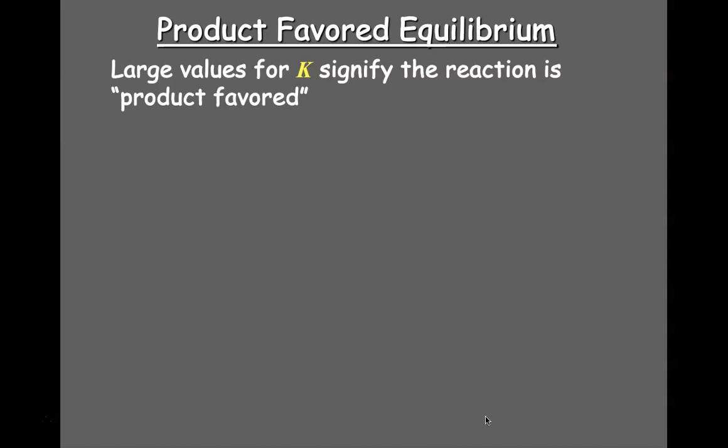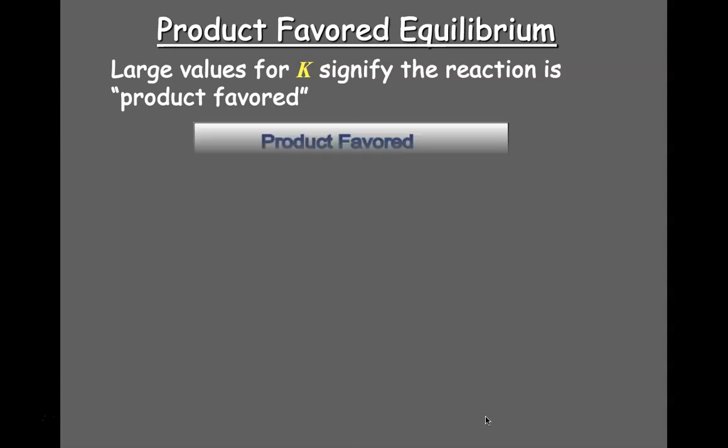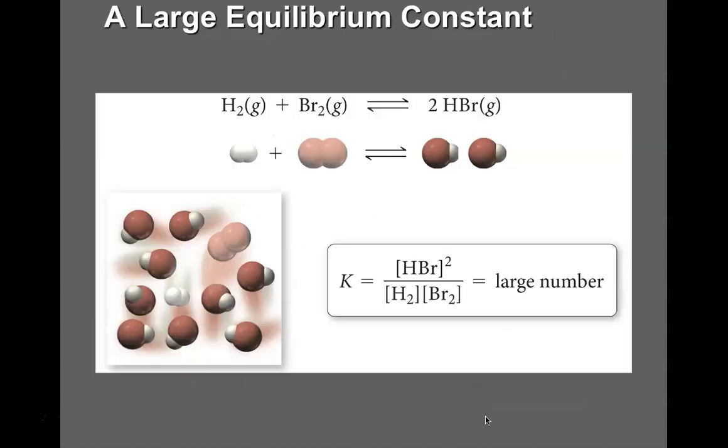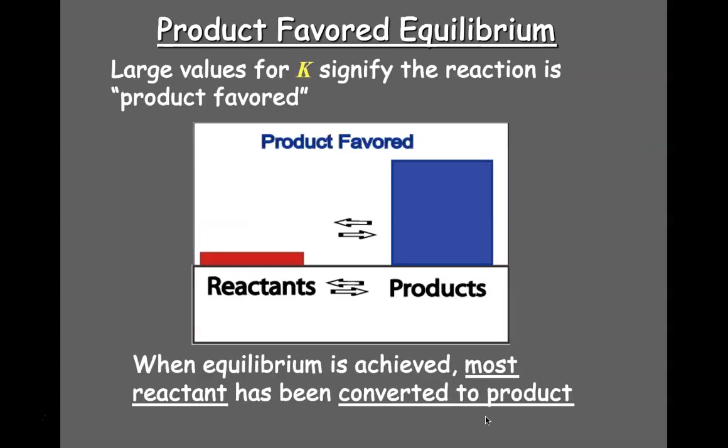So, large values of K, we basically just mean values that are larger than 1 to be considered product favored. So, we get a little graph here where once it reaches equilibrium, I have more products than I do reactants. So, product favored keeps it easy. Questions on product favored equilibrium?